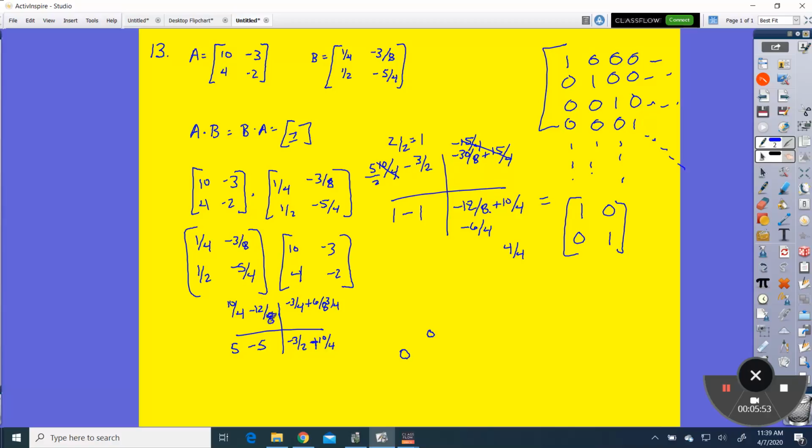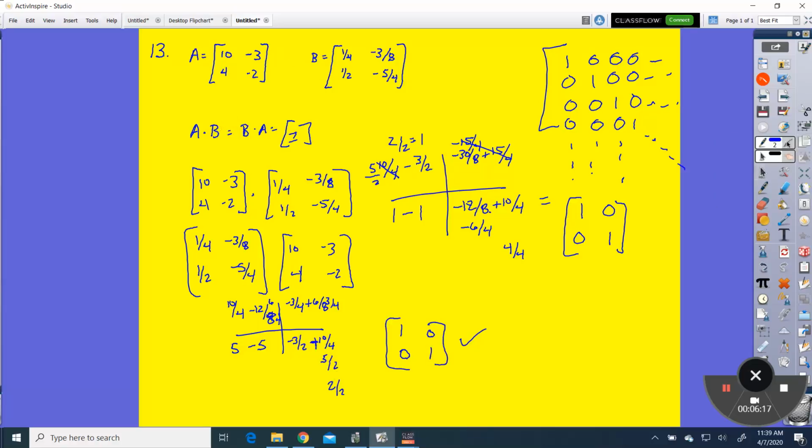So divide each of those by 2. That makes negative 6/4. So 10 minus 6 is 4. 4 over 4 is 1. If I divide that by 2, that becomes 5/2. 5 minus 3 is 2. Over 2 makes 1. So both of them make the identity matrix, so therefore A and B are inverses of each other.